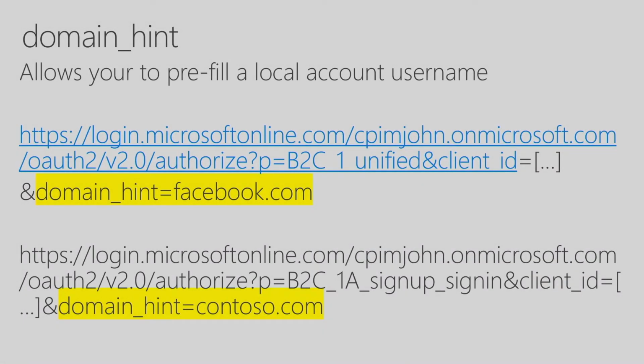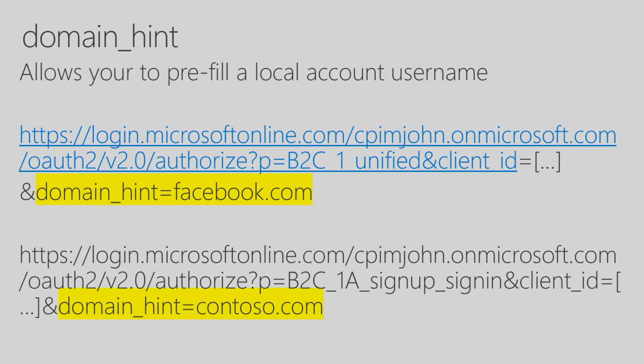Cool, so domain hint is pretty similar. This would be how to pre-select Facebook or Google or Twitter or LinkedIn or whatever if you already know that's the user's IDP. This is pretty common if you have a website where on your page itself, before redirecting to us, you might have a sign in with Facebook, Google option.